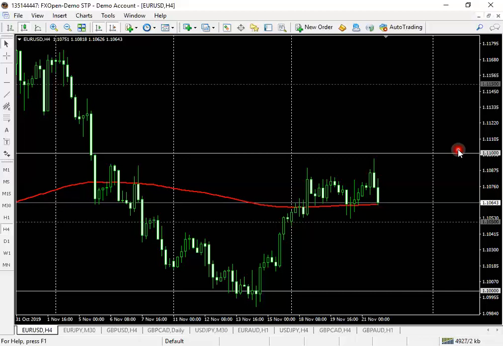Then when it goes up to about 16 rand, we figure it's overvalued, and we want to go short because we believe it's going to go back down from 16 rand to 13 rand, and then from 13 rand back up to 16 rand.